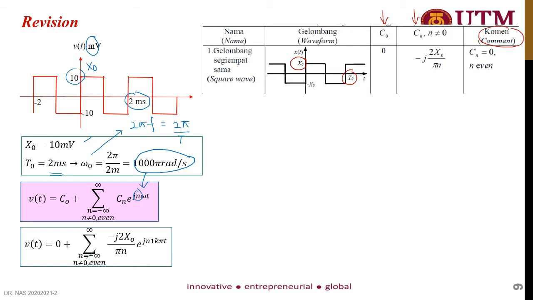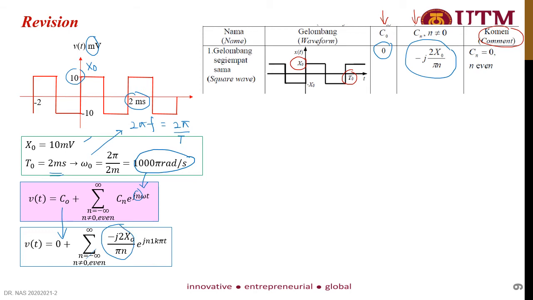So in this case, you replace all the values you have. For example, C naught here is 0. And then Cn is replaced by this equation, negative j 2x naught pi n divided by pi n, e^(jn 1000 pi t). So next you need to calculate the Cn.